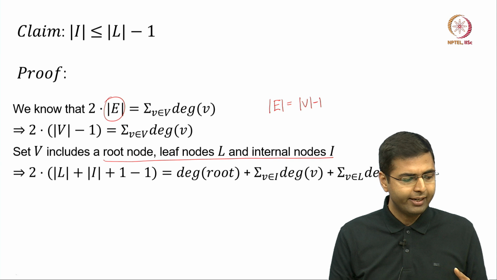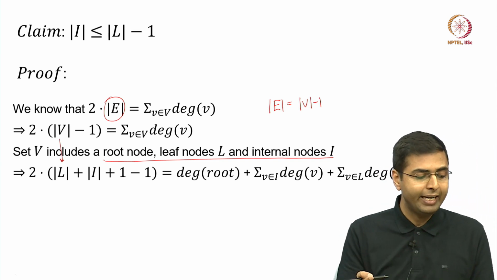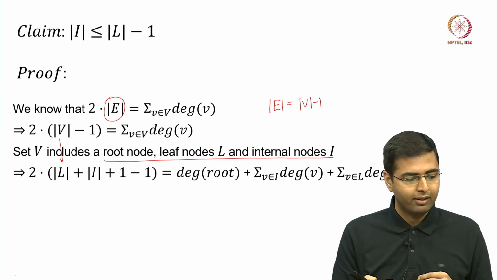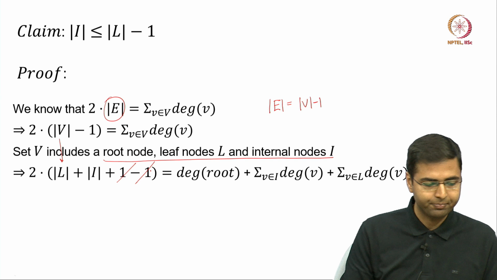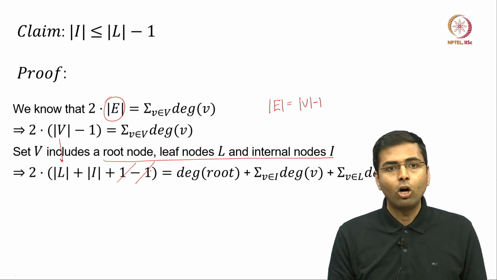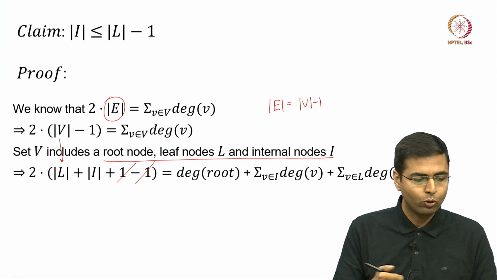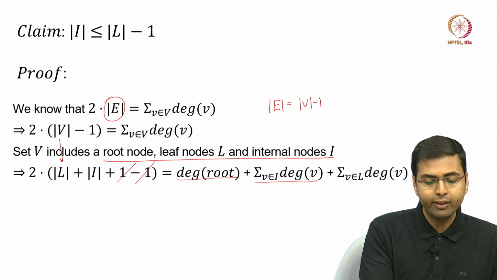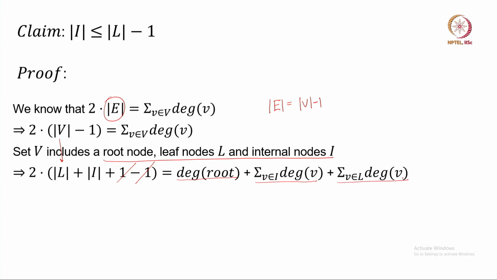When I do the split, the left hand side becomes L plus I plus 1, and the minus 1 here, so this minus 1 will cancel out. On the right hand side, I am summing the degrees of all the vertices. So, now I can sum the degree of the root node, the degrees of all the internal nodes, and the degrees of all leaf nodes.